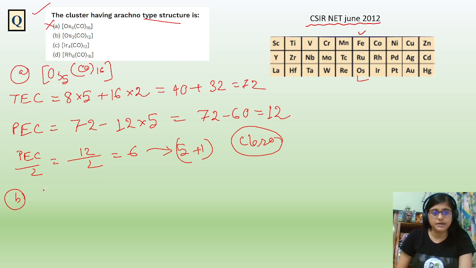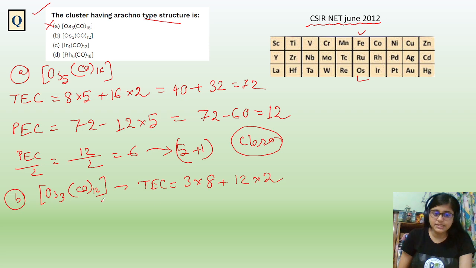B is given what? Os3 CO12. Okay, fine. Let's first calculate the TEC. TEC means 3 into again 8 plus 12 into 2. That means 24 plus 24 means 48. Fine.